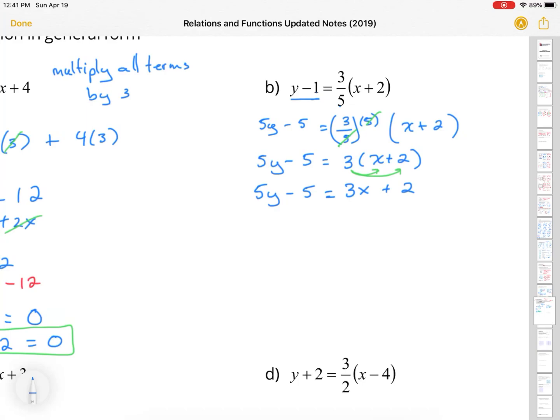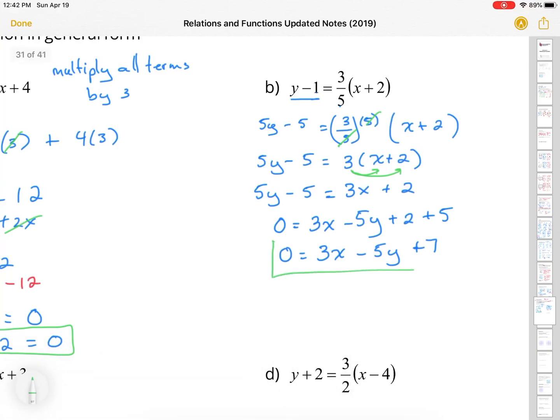So I am going to move everything over to that side, so we'll put a 0 here. 3x, 5y is positive on this side, so it'll be negative 5y on the opposite side. Plus 2 is there, and this negative 5 will become plus 5 on this side. So just doing a little combining of like terms. Now, it doesn't matter which side the 0 is on, that's still in general form as long as there is a positive whole number in front of the x. Okay?